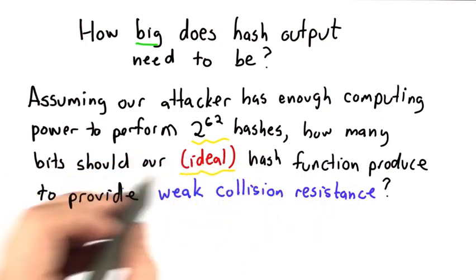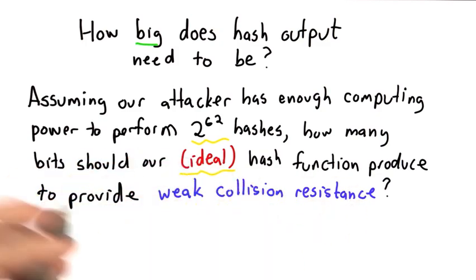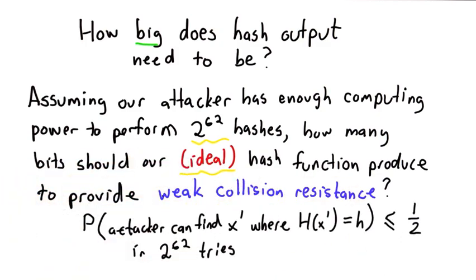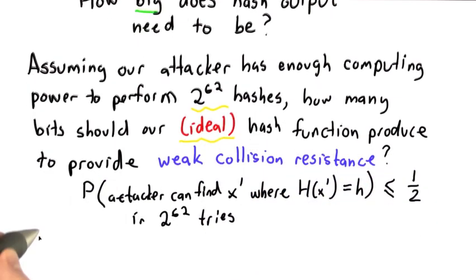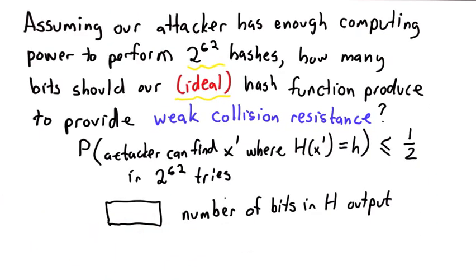And to formalize what we mean by that, let's assume that we're satisfied as long as the attacker's success probability of finding some preimage that hashes to our value h is less than 1/2. Of course, for most applications, we want this probability to be much less than 1/2. To answer, give the number of bits in the output of h.